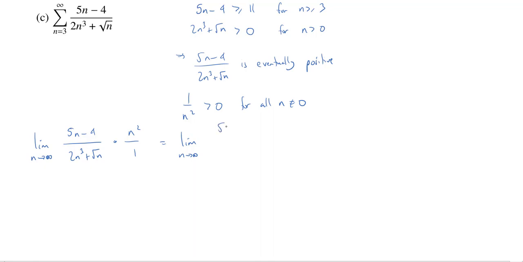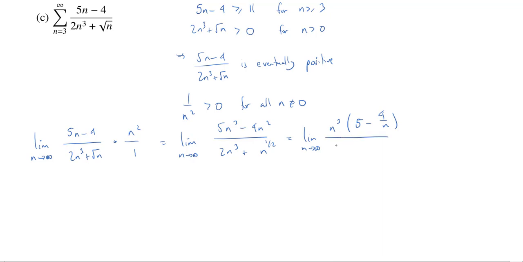So I have 5n cubed minus 4n squared over 2n cubed plus the square root of n. Okay, and maybe it'll be helpful, I can write the square root of n as n to the 1/2, because I'm going to factor out an n cubed from both the top and the bottom. So on the top, I have an n cubed times 5 minus 4 over n.